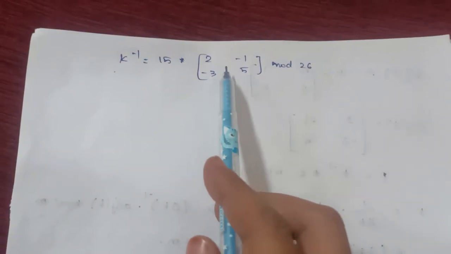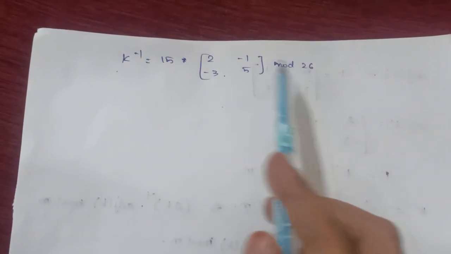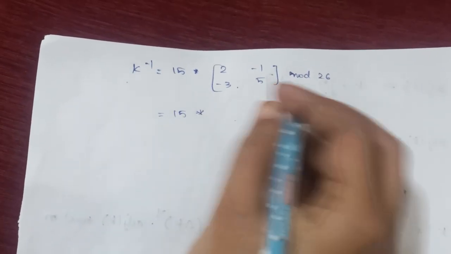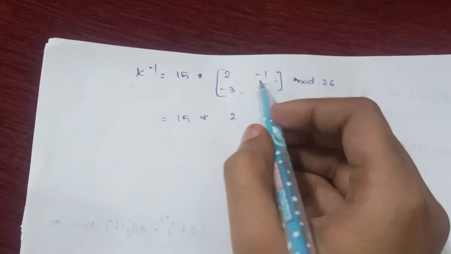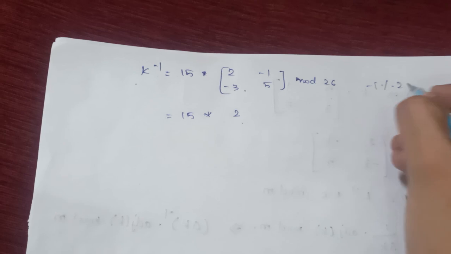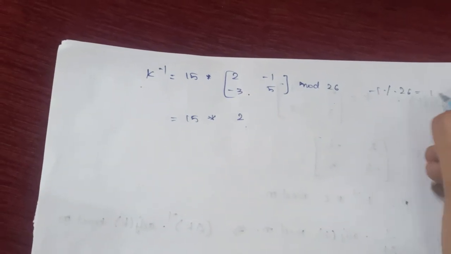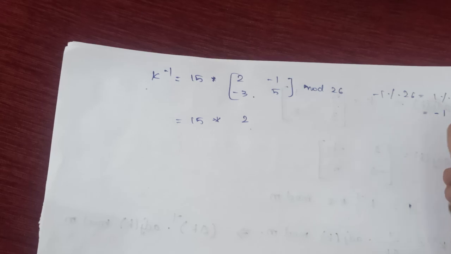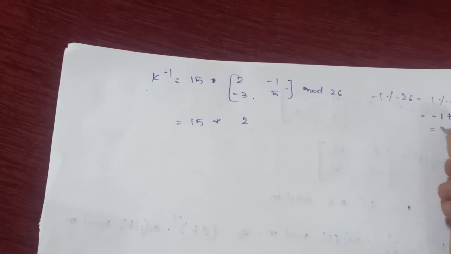Now let us reduce this matrix with respect to mod 26, and for that it is 15 into 2 mod 26 is 2, minus 1 mod 26 is 1 mod 26 which is 1, and now we include this negative plus 26 which is 25.